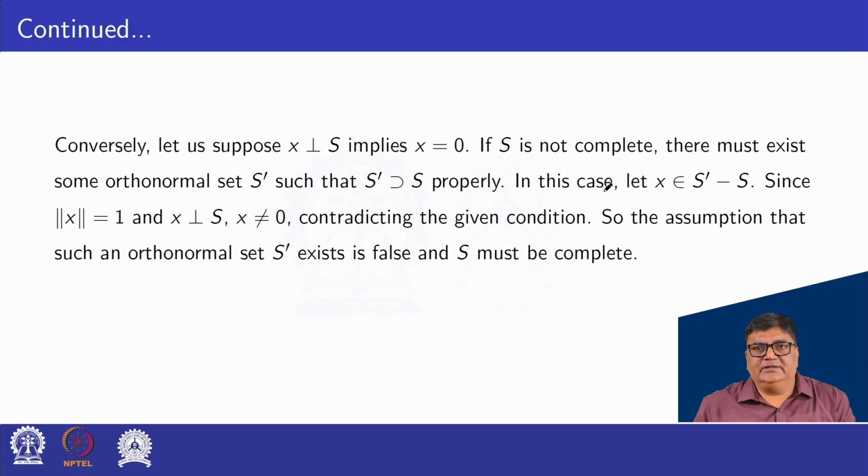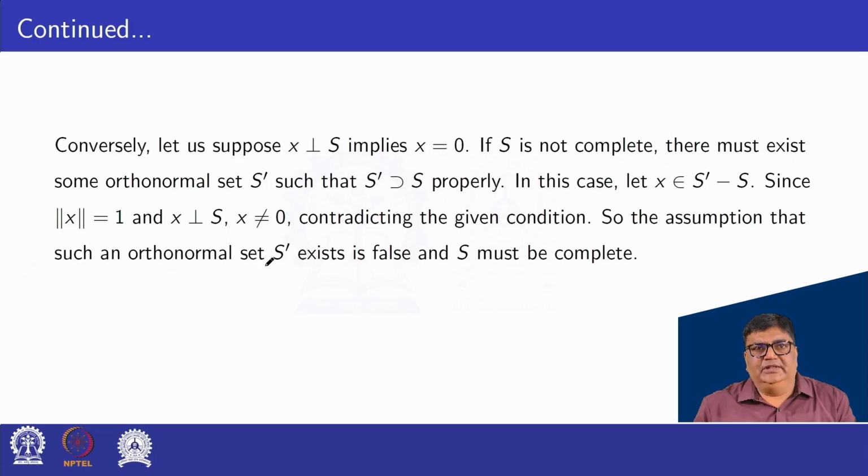In this case, let x belong to S dash minus S. Since norm x is equal to 1 and x perpendicular to S, x is not equal to 0, contradicting the given condition that x is equal to 0.